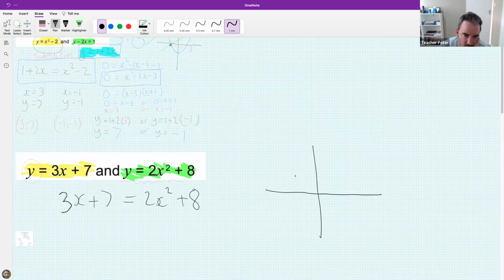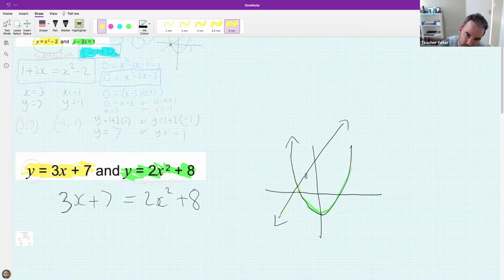Visually, what this would look like would be the green graph would look something like that. And then the yellow graph, it's hard to know exactly where it would go, but the yellow graph would look something like that. You don't have to draw the graph now. We're just doing algebra, but I'm just adding it so that when we get to functions later on, you have some idea about what's going on.